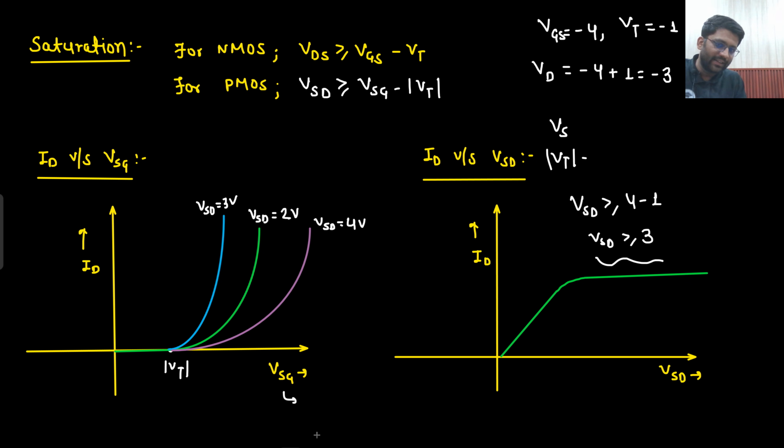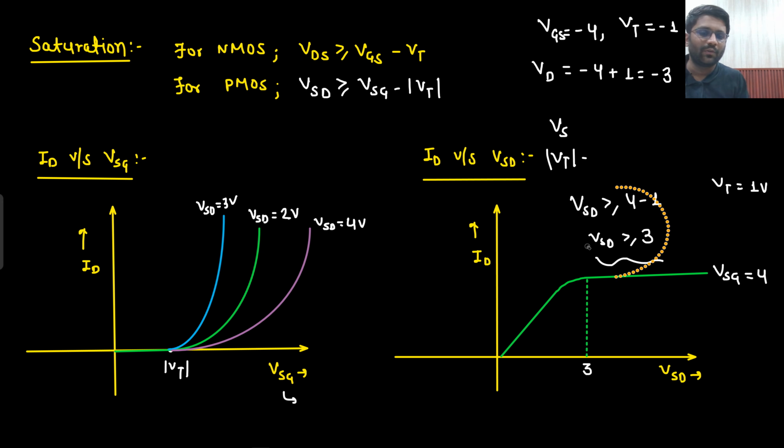If your VSD is greater than 3, here what I have taken is VSG as 4 volt and VT equals 1 volt. This I have taken.